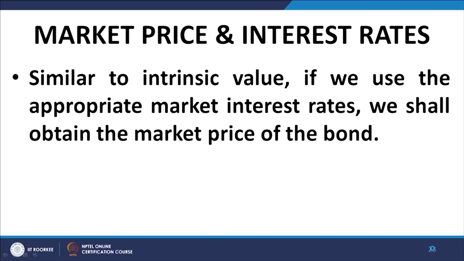In other words, on the basis of the market price, which is a very easily and very precisely observable quantity, we work backwards and we arrive at the relevant interest rates for various periods of discounting.